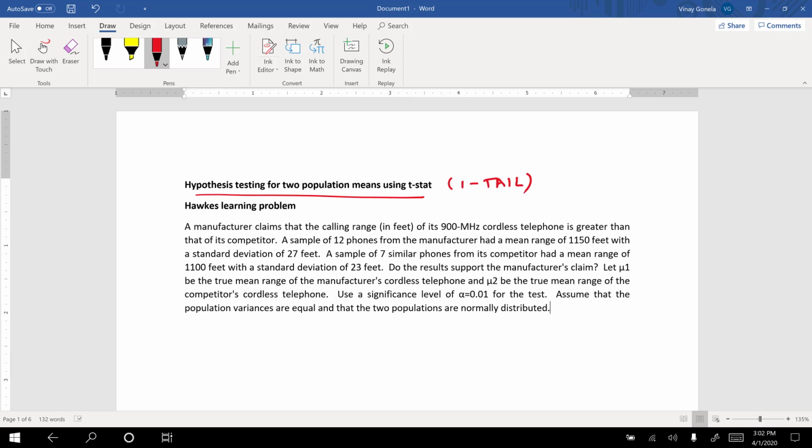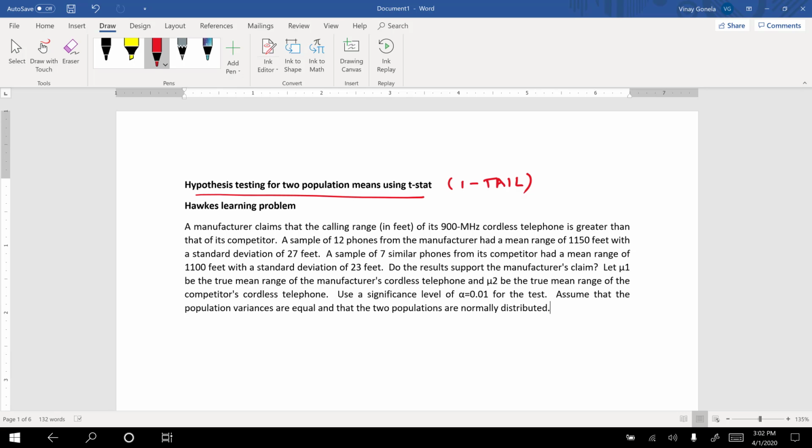A sample of 7 similar phones from its competitor had a mean range of 1100 feet with a standard deviation of 23 feet. Do the results support the manufacturer's claim?